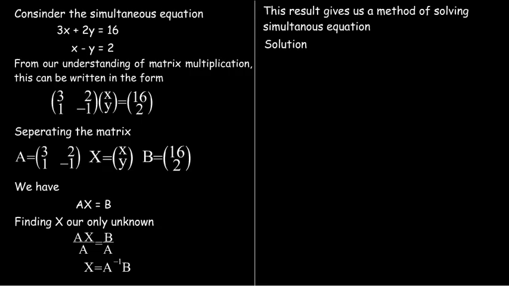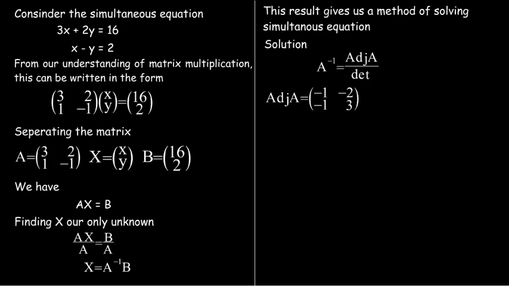Now for the solution to the question we are considering, we know that our inverse is equal to our adjoint over our determinant, and the adjoint of A will be equal to [-1 -2; -1 3]. To refresh our memory, when finding the adjoint of a 2 by 2 matrix, we switch the first and the last element and we change the sign of the second and the third element.